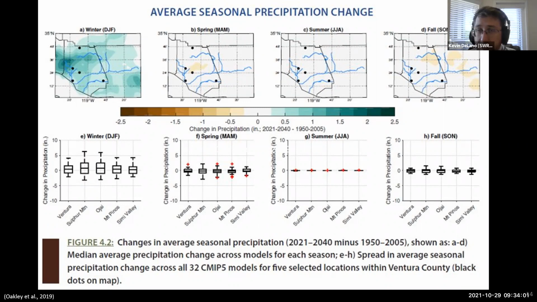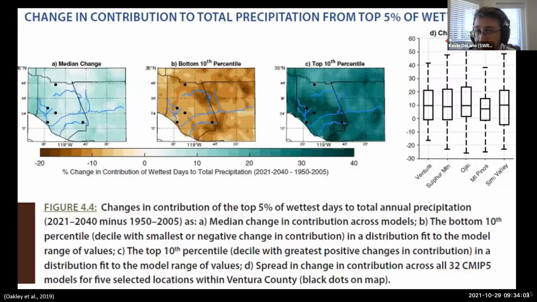Okay, so the biggest change with precipitation forecasted from these 32 global climate models is that the variability of rain will increase. These box and whisker plots and these maps show the changes that just the top 5% of wettest days will contribute to total annual precipitation.